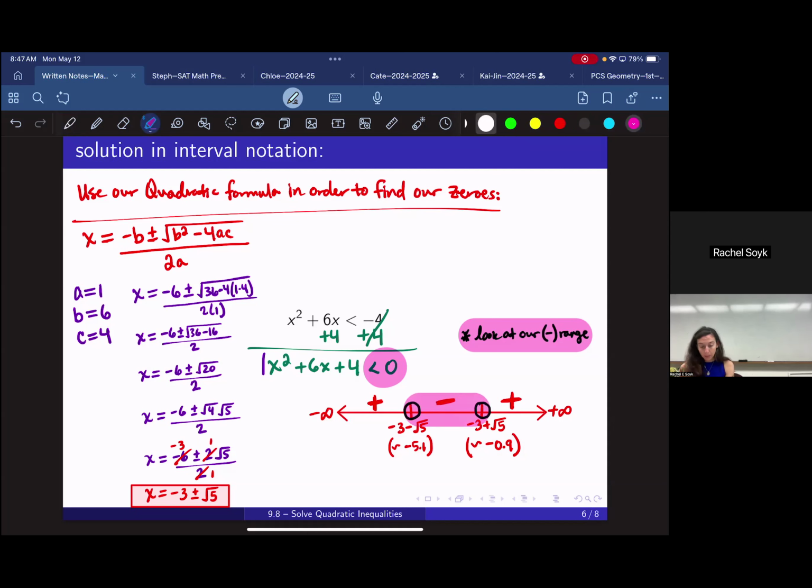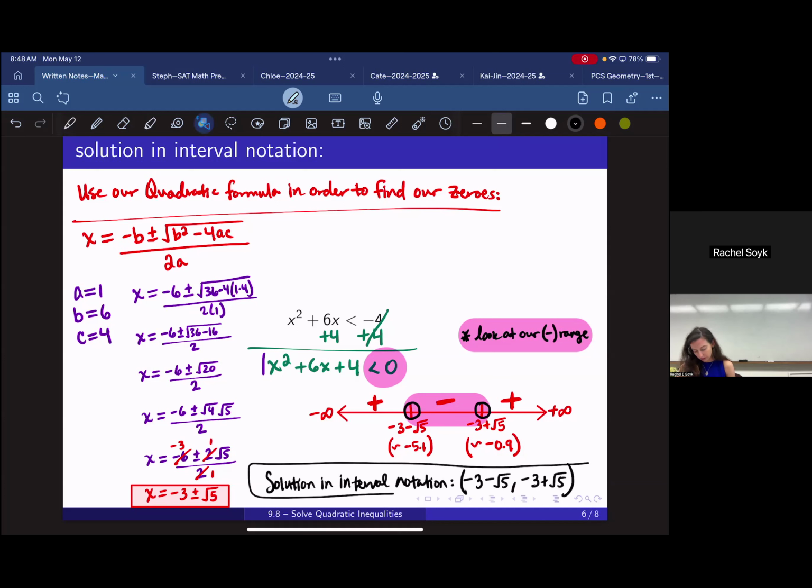So our very last step, once again, is just putting that into interval notation. So our solution in interval notation: soft brackets, because we're not including the boundary, negative 3 minus square root of 5, comma, negative 3 plus square root of 5. And once again, soft bracket, because we're not including the boundaries. And that's it. That's your answer.